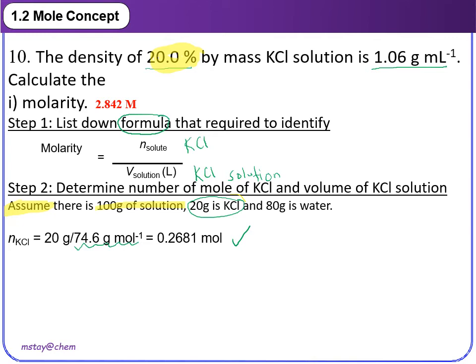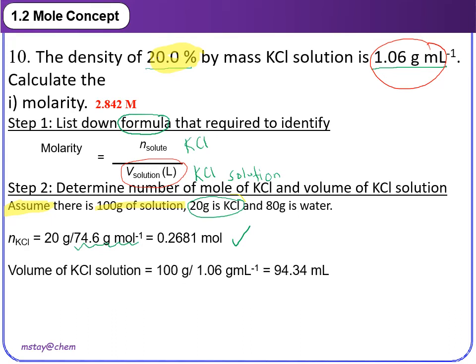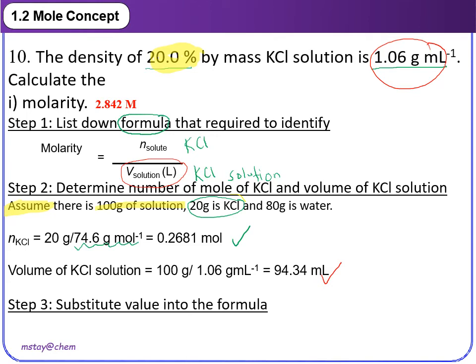For the volume of the solution, we will use the density of solution to help us determine it. By using the formula of density, we are able to determine the volume of solution is 94.34 milliliter.